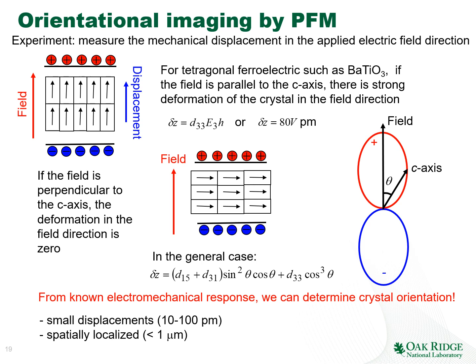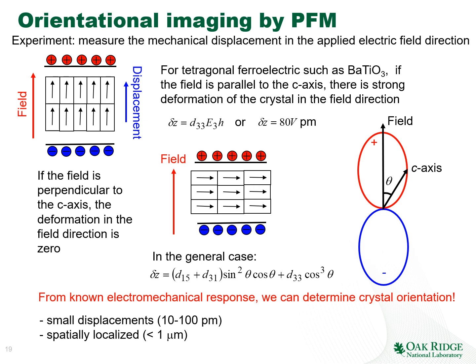In the general case, the measured electromechanical response can be represented as the following function of the piezoelectric constants. You can see this combination times sine squared theta cosine theta plus d33 times cosine cubed theta.